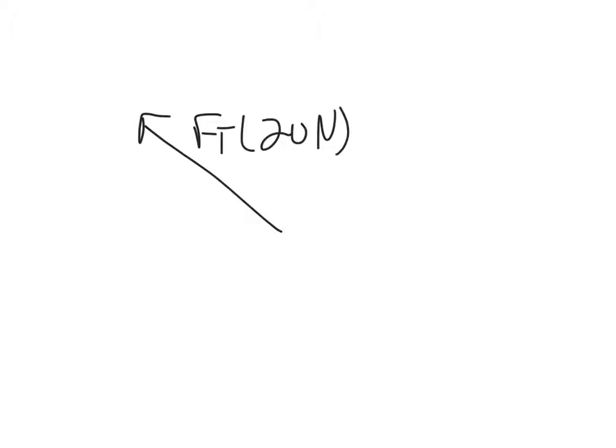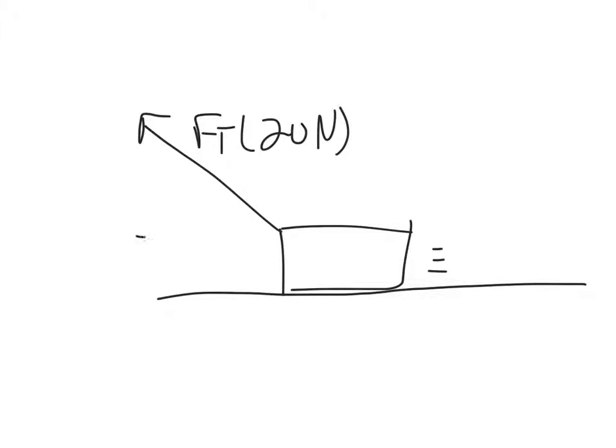So for example, let's say we have this tension force, and we'll say it's 20 newtons. And let's say this is pulling a box. Box is moving to the left, and the tension force is at an angle of 40 degrees.